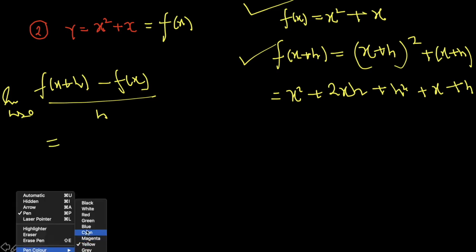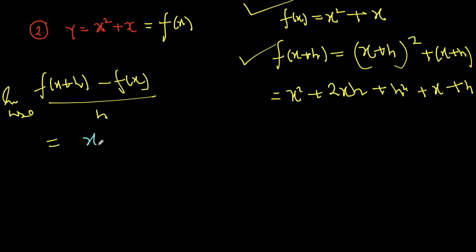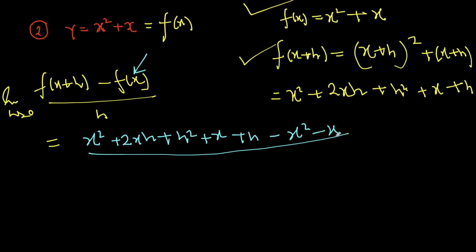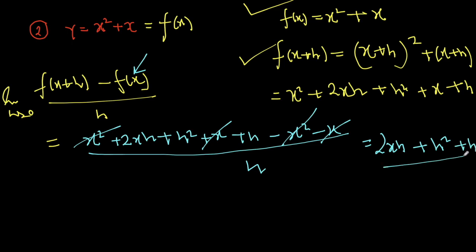So here you will get x square plus 2xh plus h square plus x plus h, and if you take minus of (x square plus x), you will get minus x square minus x over h, and you will see that this quantity will be cancelled out, and what you're getting is 2xh plus h square plus h over h.